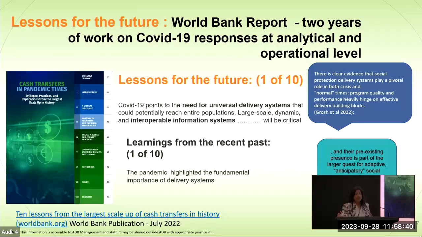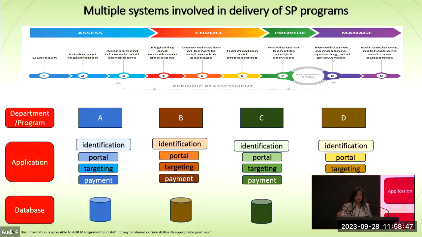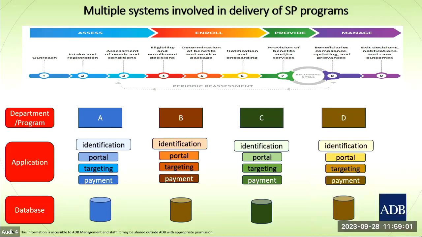So how do we build these integrated and interoperable systems? Let us see in the next slide, what does a social protection program delivery chain look like? Most of these programs follow a typical delivery model where you assess the needs and conditions of the people, enroll them if they meet the eligibility criteria, provide them with payments or benefits or services, and then manage these beneficiaries over the life cycle of the program, including exit management.